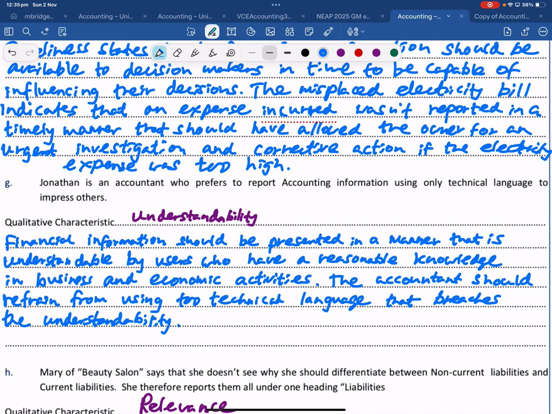Next one is tricky. So the B understandability.